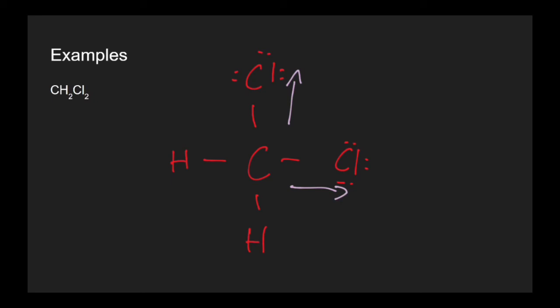Now, our hydrogens will pull just a little bit, but the majority of it is going towards those chlorines on the outside. Because this is an uneven distribution, so it's not symmetrical, this is going to be considered a polar molecule. All right, we'll go ahead and take a look at two more.